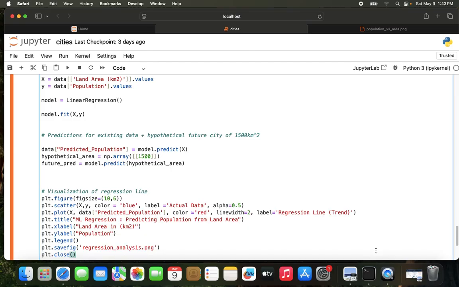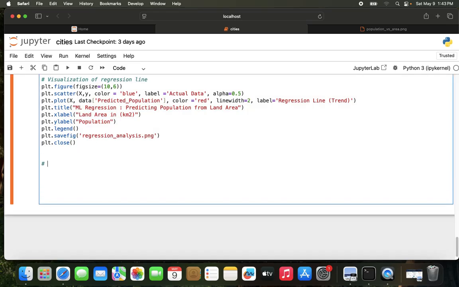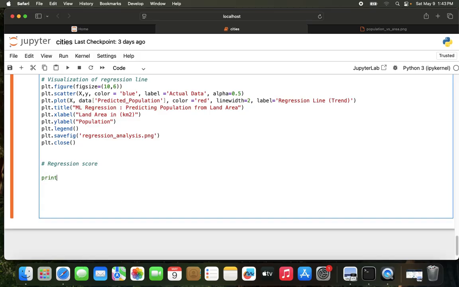Okay, and then let's print the regression score before we run this cell. So this is going to be print, let's have an f-string, and here we can do regression score, which is R raised to power 2.